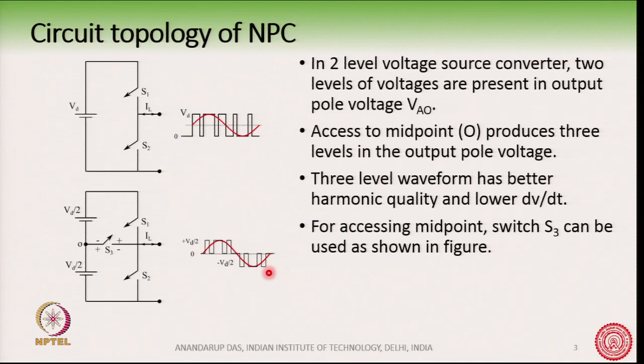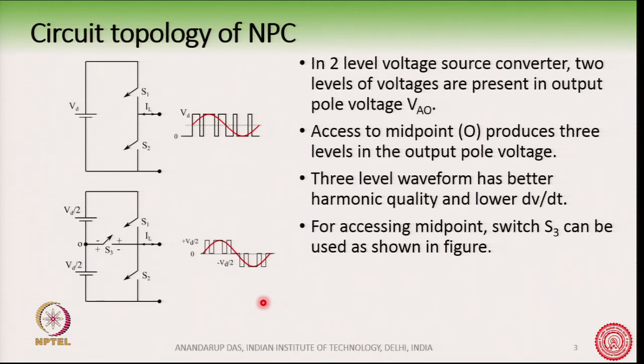For example, on the positive side, sometimes we were using a pulse which was far away from the red waveform, and here we are using a pulse which is closer to the red waveform. So, the instantaneous error is less, which means this waveform is more sinusoidal.